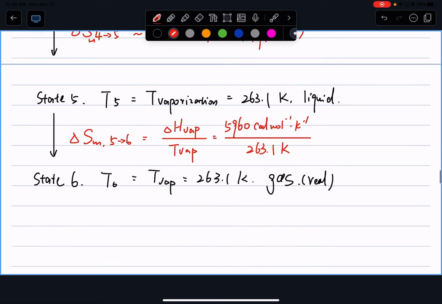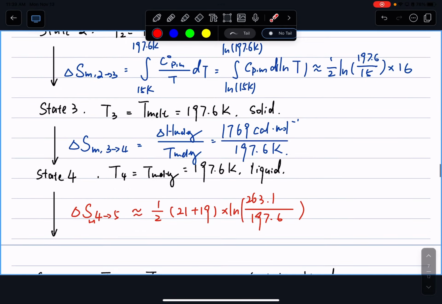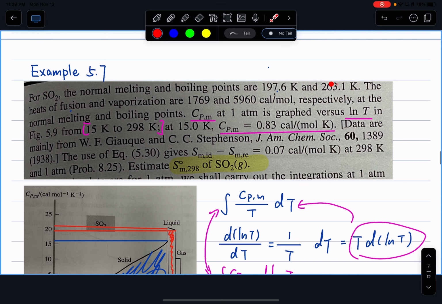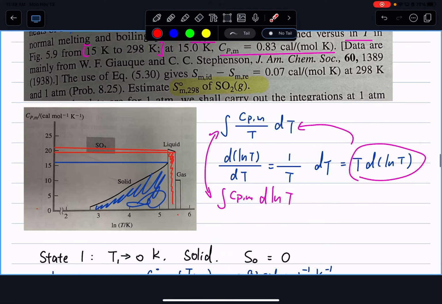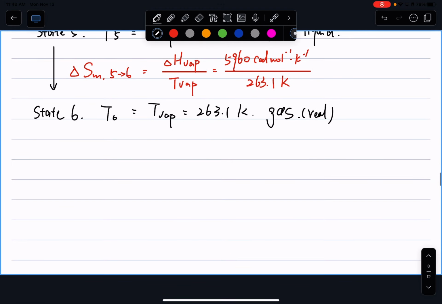And the next step is to bring the temperature further up from your vaporization temperature, which is 263.1 Kelvin, to what we want, which is 298 Kelvin. So that's, again, another process that you can evaluate using the area below the curve here. We're almost there. I know this process is a little bit tedious. So we have state 7.